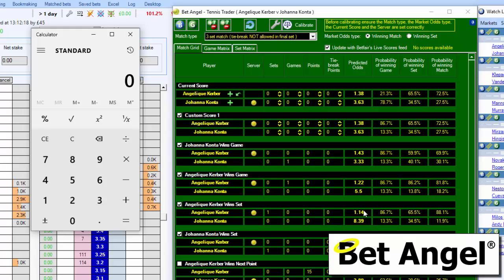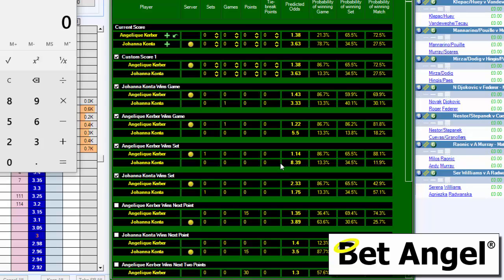But yeah, you can see here, if you lay Kerber at 138, the chance of her losing the first set would produce quite a significant payoff in terms of your position on Kerber. So that may be something that you want to pursue. Let's say you're looking at stats and you realize that in fact Kerber is hopeless at holding on to a break in the first set.